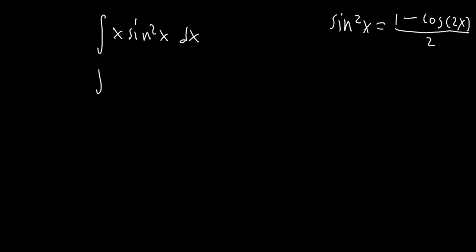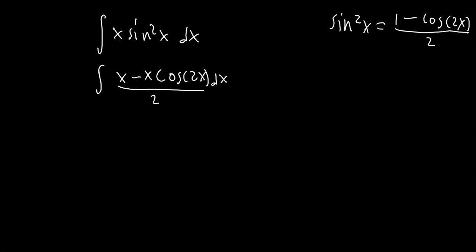Okay, so when we do that, we're going to get x times (1 minus cosine of 2x) dx over 2.